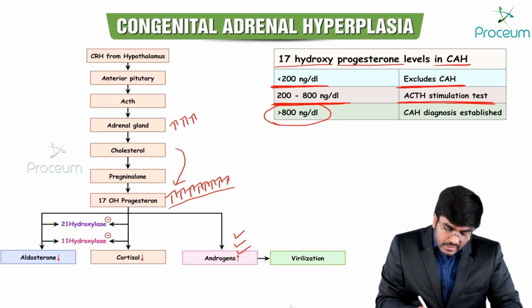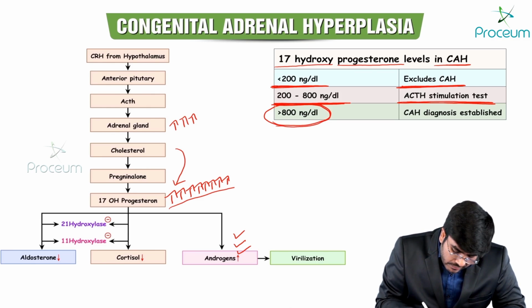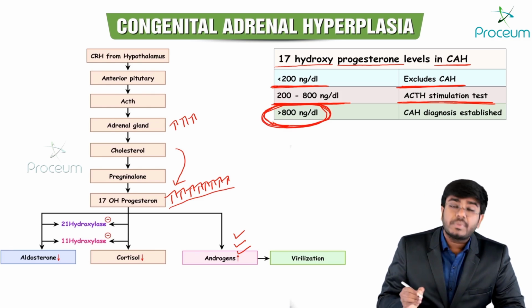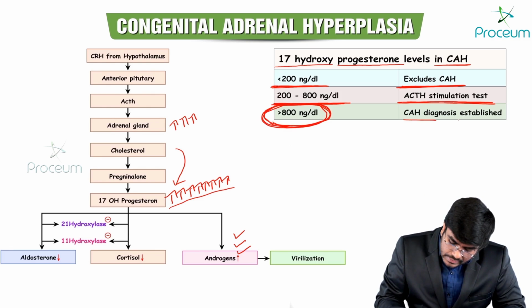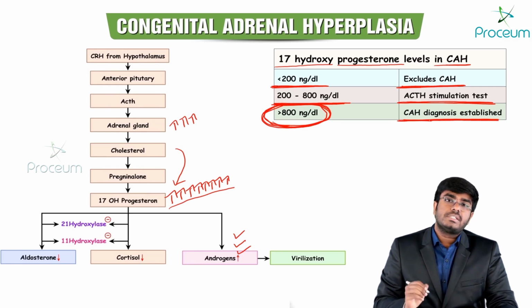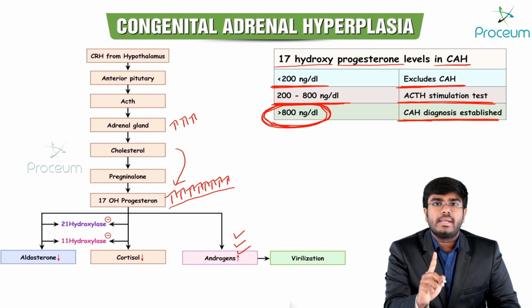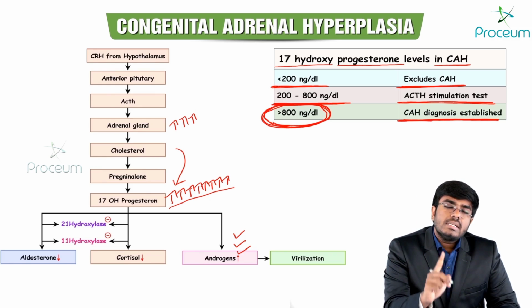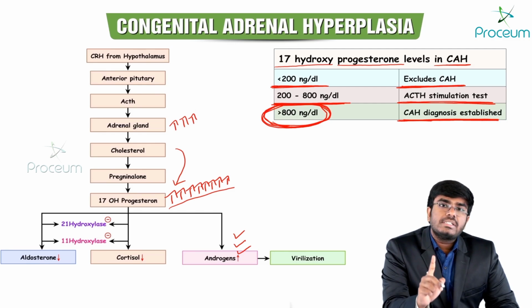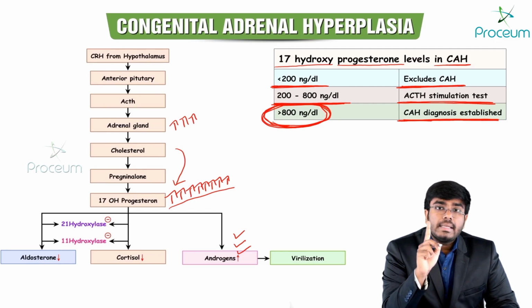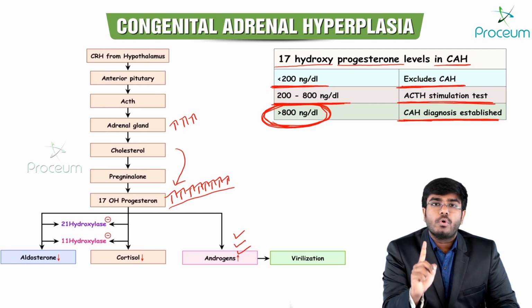But if the 17-hydroxyprogesterone levels are more than 800 nanograms per deciliter, it is very clear that this is a condition of congenital adrenal hyperplasia. So, at the end, I just want you to remember one point, that congenital adrenal hyperplasia is a condition where there are increased levels of 17-hydroxyprogesterone.